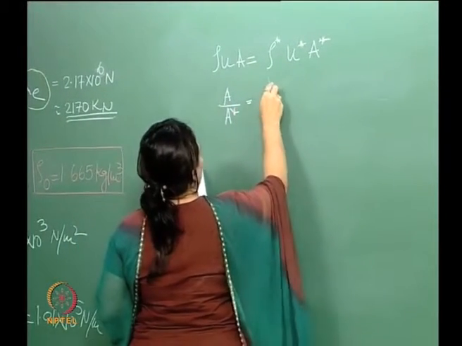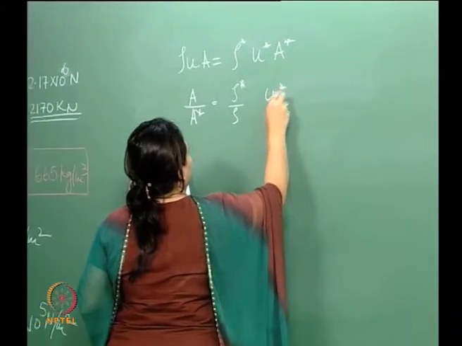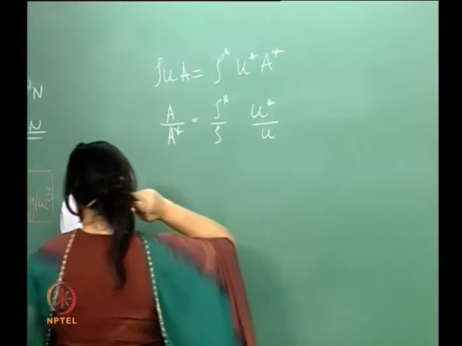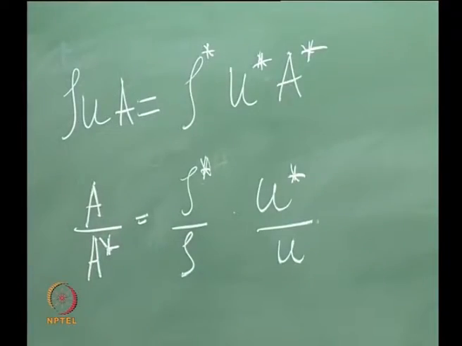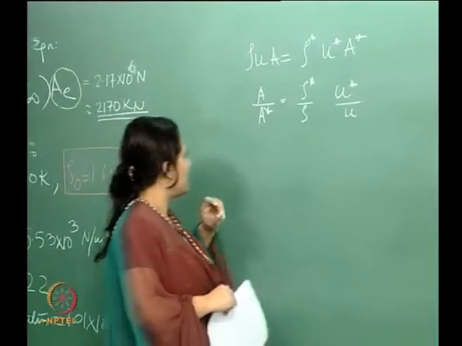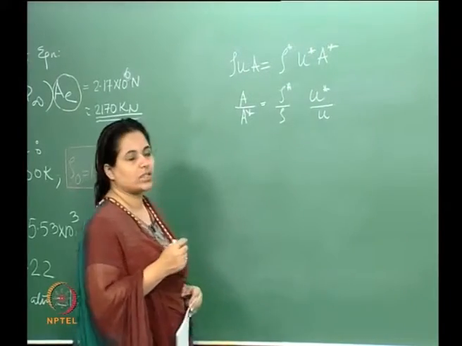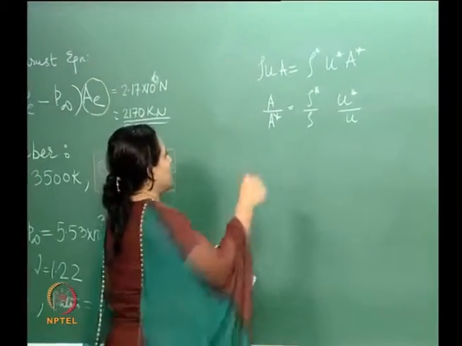right, this is equal to, okay. So now I am going to write this. Basically I am going to introduce the reservoir conditions here, because we have already calculated rho star by rho naught, etc. So let me write it.